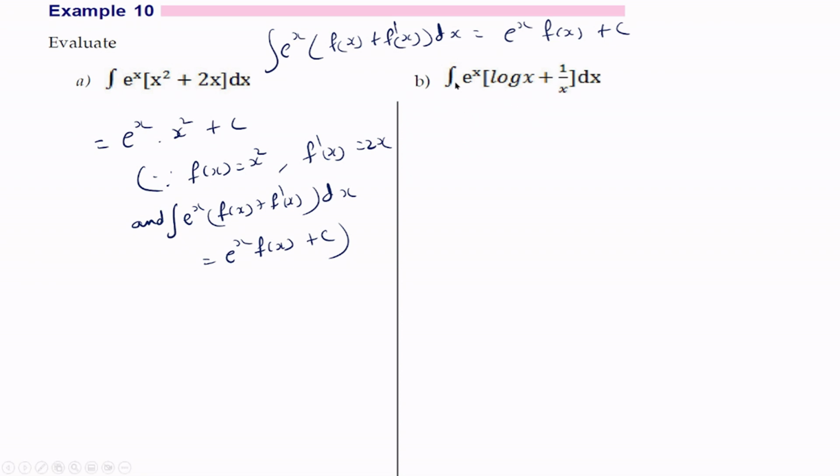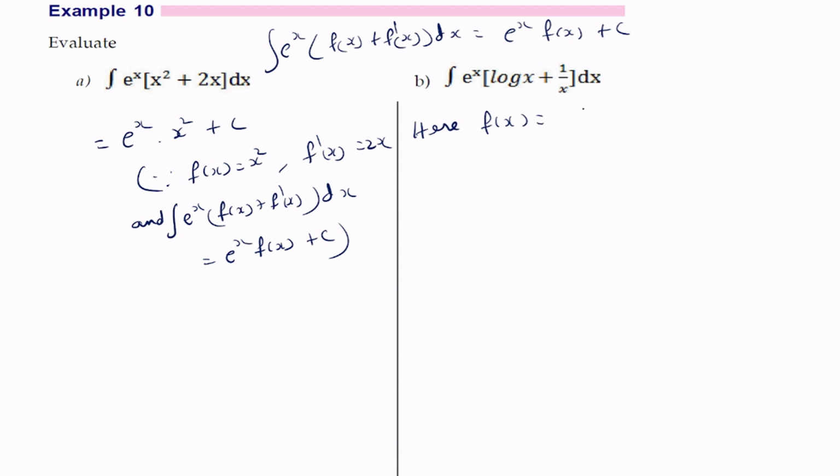Next we have integral e raised to x into log x plus 1 by x dx. Again it is of the same form. E raised to x into f of x plus f dash of x, here f of x is log x and f dash of x is 1 by x. So this is nothing but e raised to x into log x.